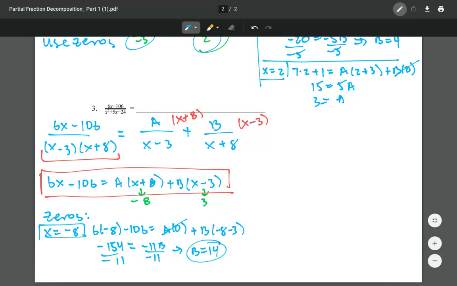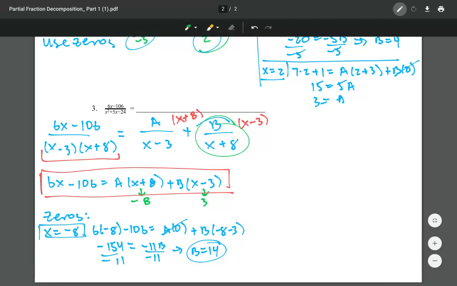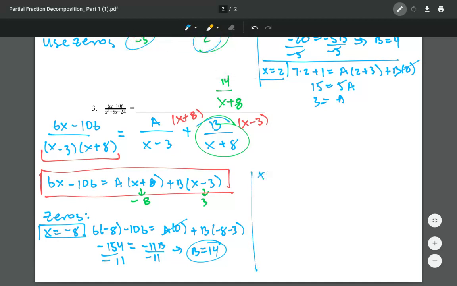As I'm putting my answer together, I can do my second fraction: 14 over x plus 8. Okay, let's do the other one, which is that 3. So x equals 3. I get 6 times 3 minus 106 equals A times 3 plus 8 plus B times 0, so that goes away.